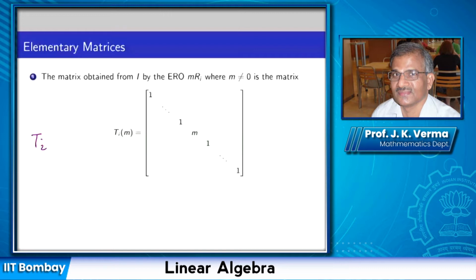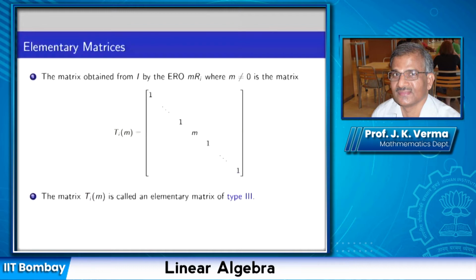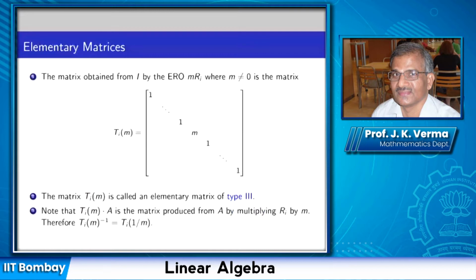So Ti_m times Ti_1/m will be identity. So therefore, Ti_m is invertible, and Ti_m inverse equals Ti_1/m, because m is not equal to 0. This is the third type of elementary matrix. So Ti_m is called an elementary matrix of type 3, and its inverse is Ti of 1 over m.